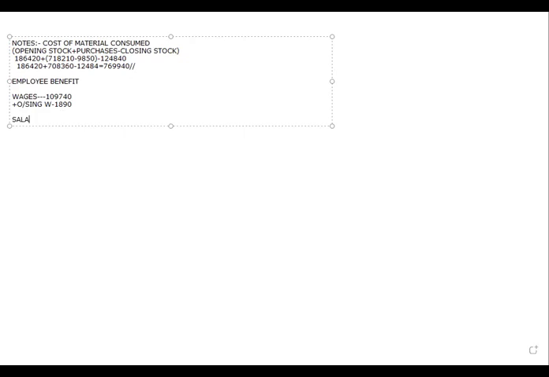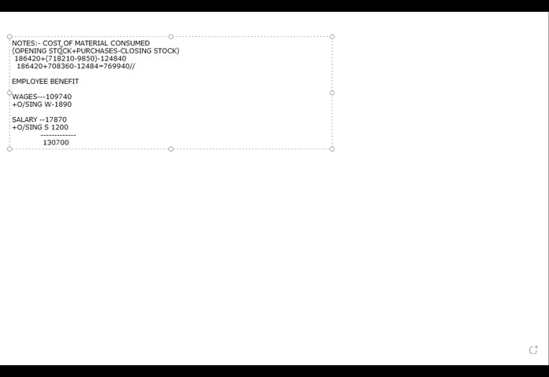Salary he gave 7870, again plus outstanding salary 1200. So the total is 130,700. So this one I got.